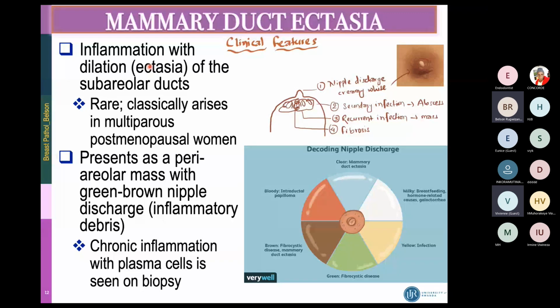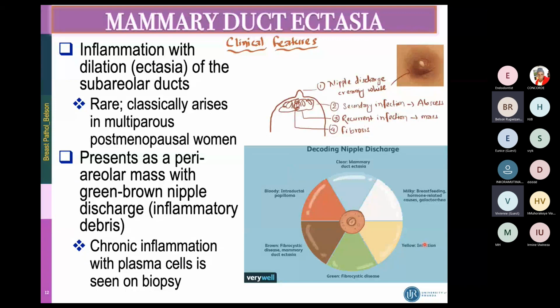Of course we have tumors, cancers, and benign tumors in young ladies, but this ductal ectasia we see frequently too. There will be a green-brown nipple discharge because of the inflammatory debris coming out. Chronic inflammation with plasma cells is seen on biopsy.